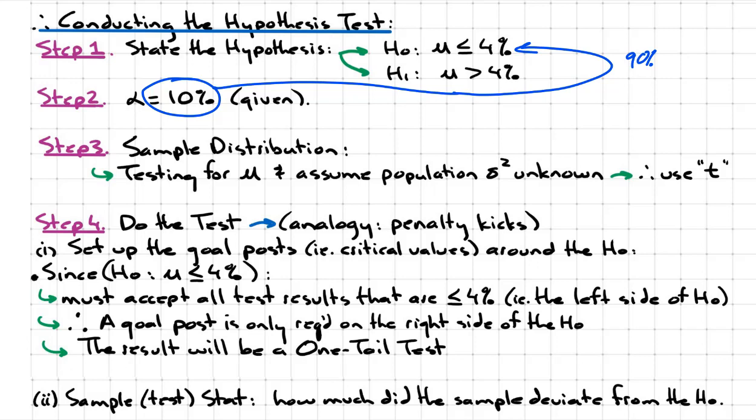Z distribution and T distribution. And this was covered in a previous module. And so if the population variance is unknown, which is generally the case, we use the T distribution. On the other hand, if the population variance was known, or if the sample size was really large, then we would use Z.